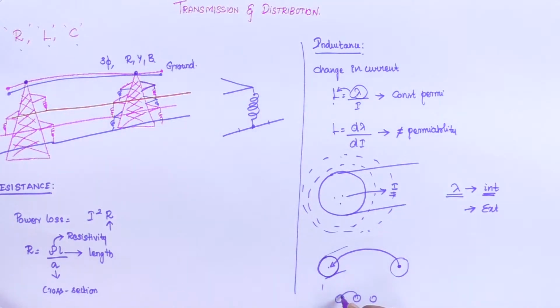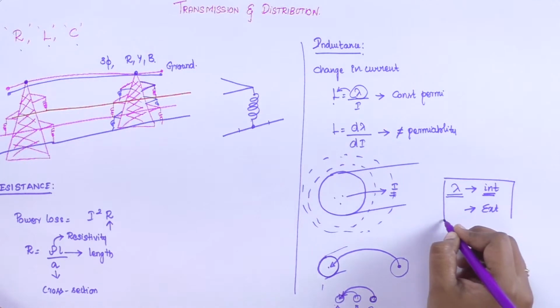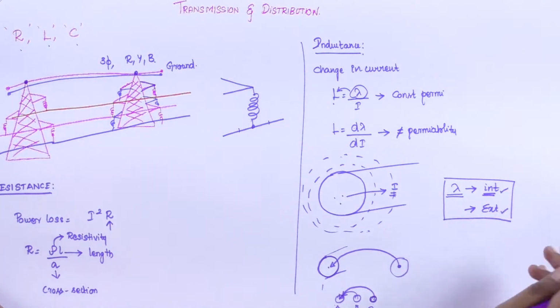How does one conductor affect the inductance of conductor A, and how does the flux linked from C affect A? These are the calculations we are going to discuss today: the internal flux linkage and the external flux linkage.